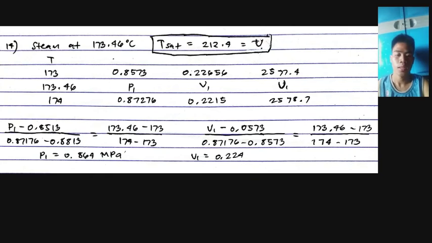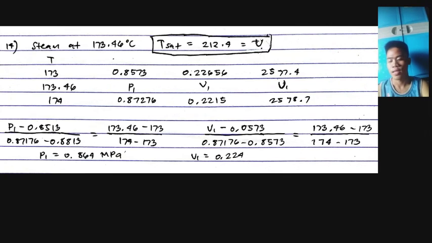And by calculating it, the value of P1 equals 0.864 megapascal, while our V1 is equal to 0.224.